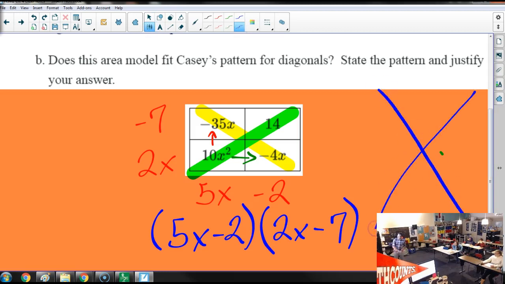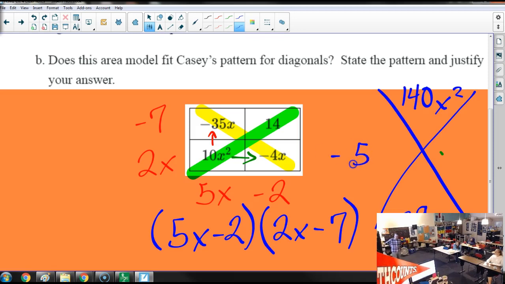Casey thinks anytime we have an area model that is set up correctly, the cross products will equal each other. And really what she's testing is that 10x squared times 14, well, that'd be 140x squared. What's -35 times -4? 140. x times x, x squared, right? This will help us because this is the actual b value in the quadratic.